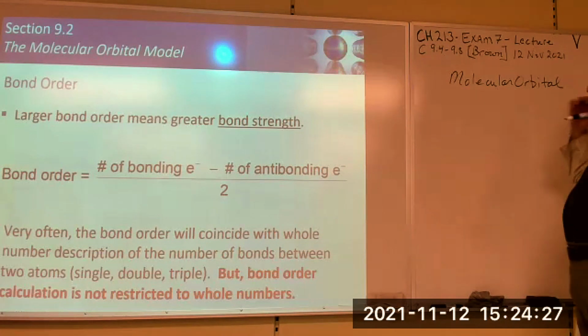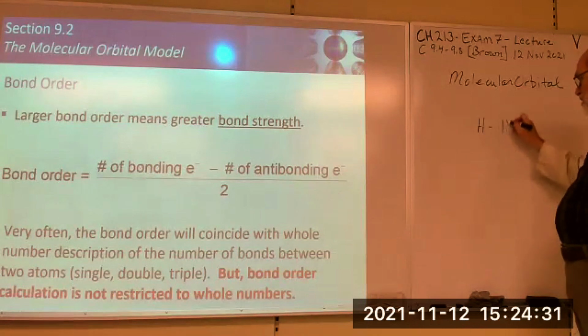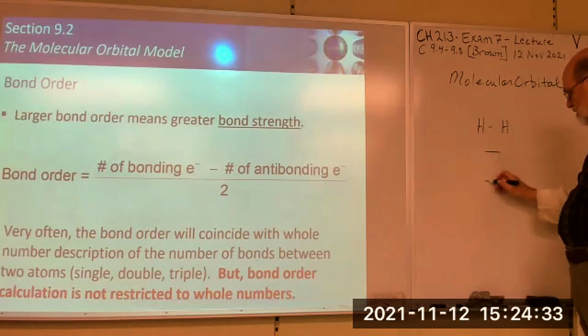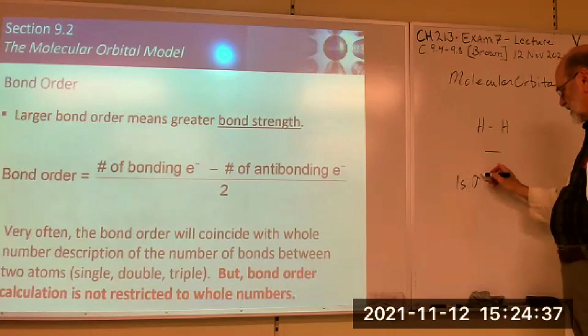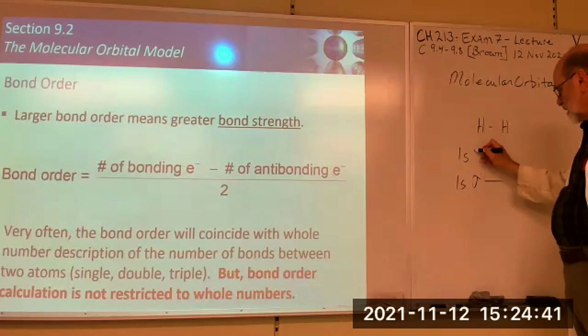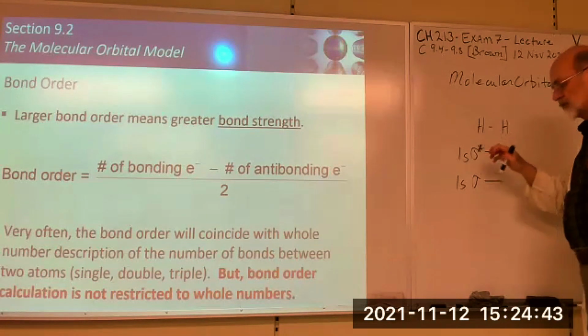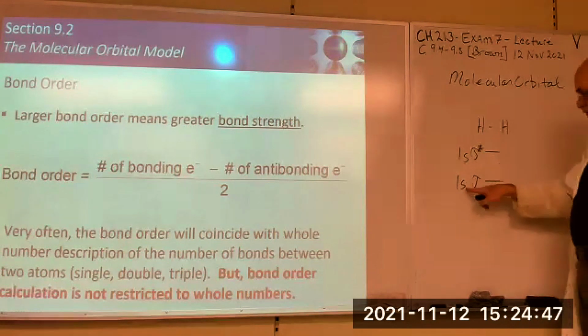So for instance, the dihydrogen molecule, we noticed that we had a sigma 1s and a sigma 1s star. The star is what we use for anti-bonding orbitals. So this shows you the source.